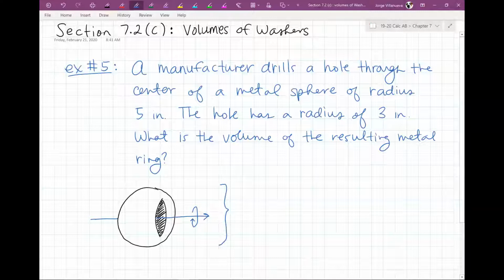Actually, that's not correct, not the whole thing. The radius of this is 5 inches, and the radius of the hole is 3 inches. Okay, so again, a manufacturer drills a hole through the center of a metal sphere of radius 5 inches. The hole has a radius of 3 inches. What is the volume of the resulting metal?